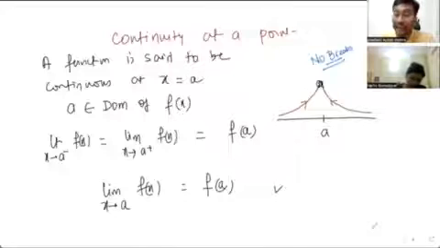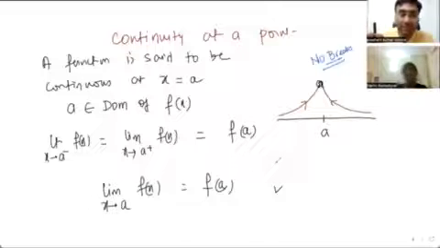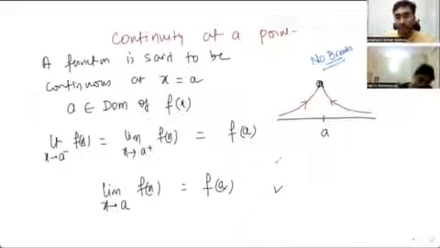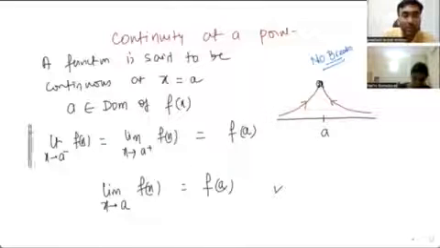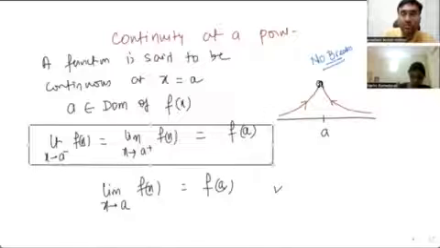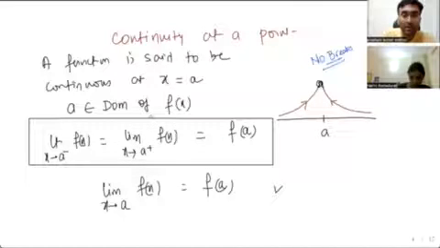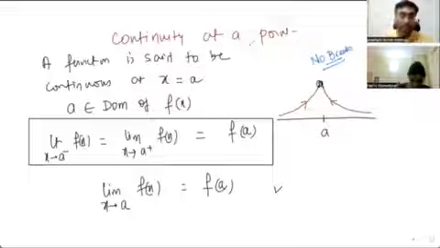Both are equal, and that is equal to the value at the point a as well. If LHL equals RHL equals the value at that point, if all three conditions are verified, then we say the function is continuous. Got it?